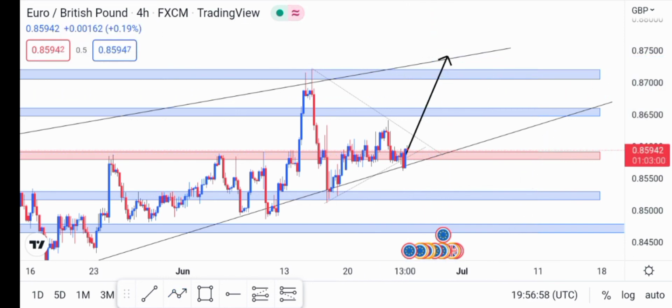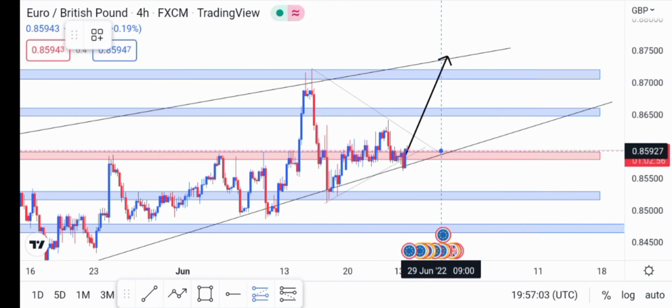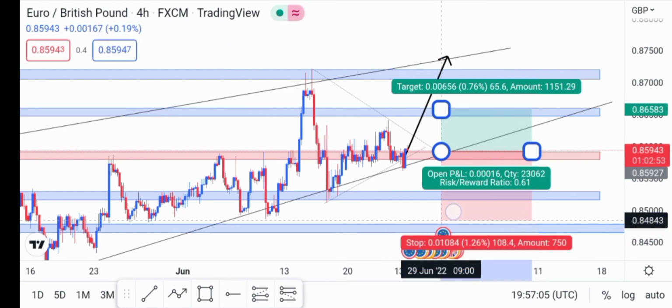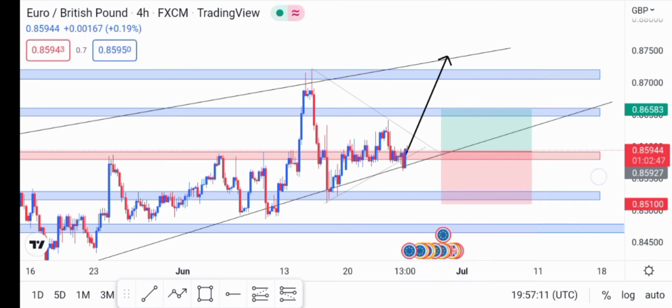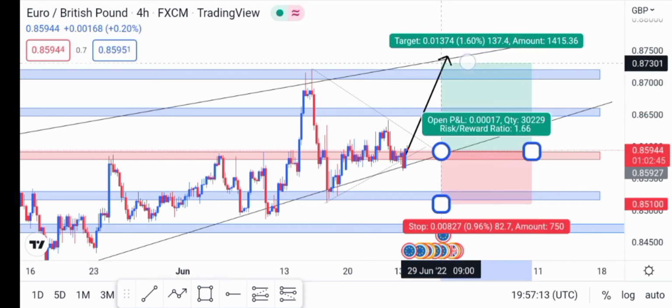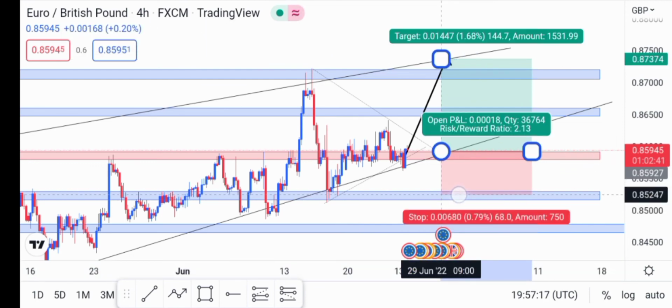Those who are trying to enter on EURGBP, you can enter right over here, but let us keep our stop loss a little bit below, because there could be a huge pullback right over here. So I think let's keep it right over here.